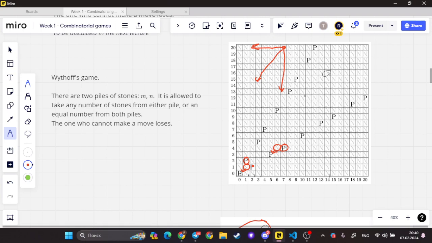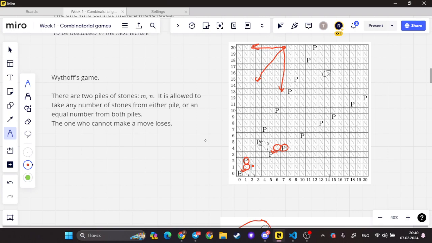Suppose it's this one. n1. And this will be n2, because we can make a step like this, and then n2, n3, and then n2, and so on.